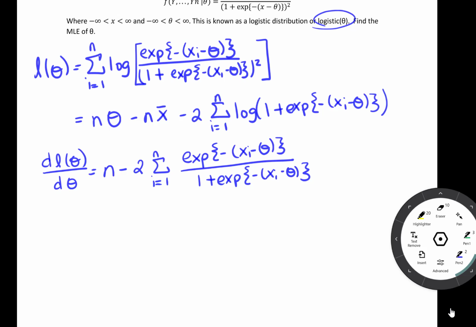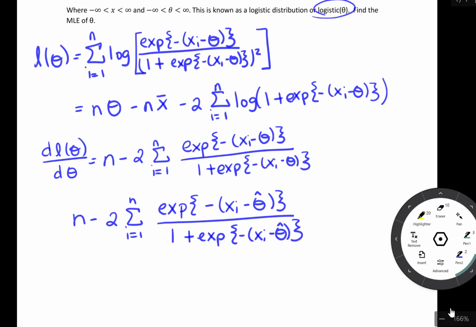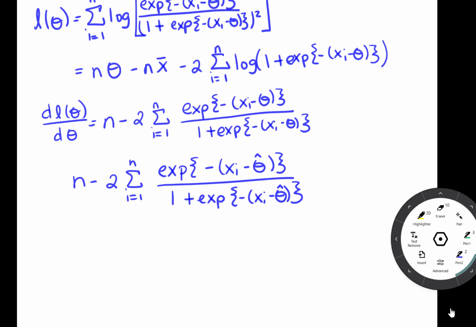So in other words, we're going to have n minus 2 sum i equals 1 to n. Remember that once we set this equal to 0, we're now looking at a specific value, so instead of theta, I'm now going to replace that with theta hat. We can rearrange terms here, setting that equal to 0, and we would have the following.